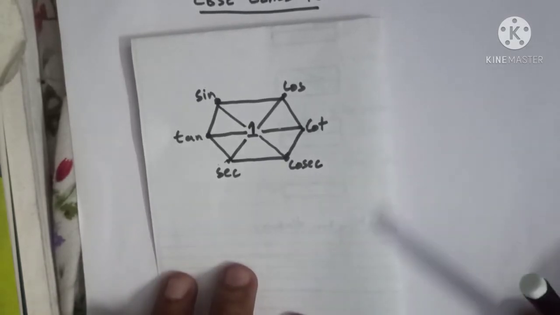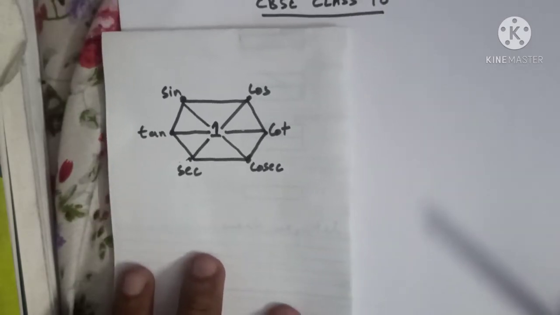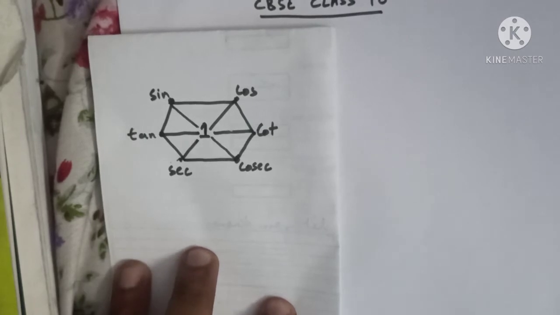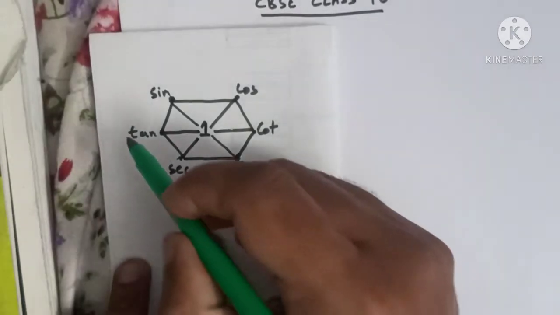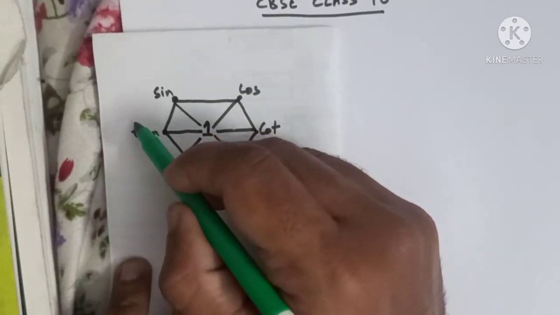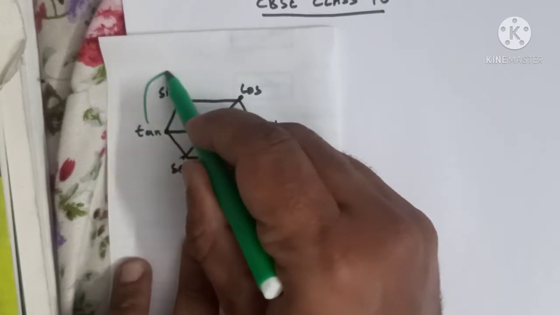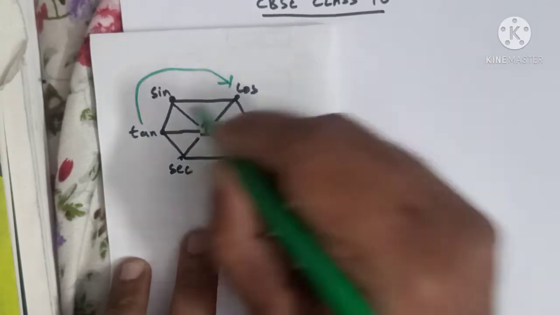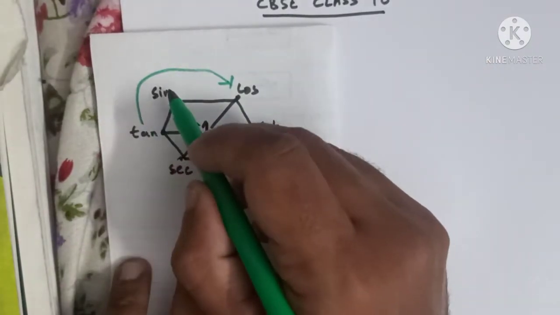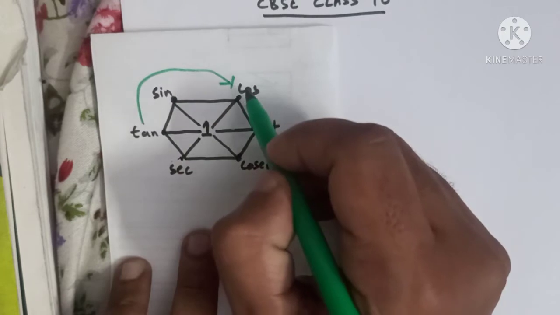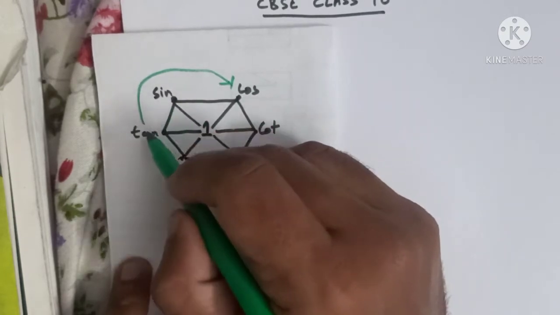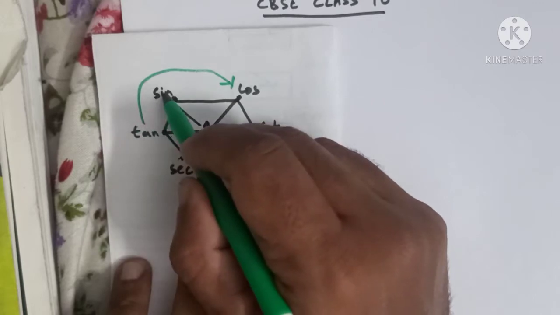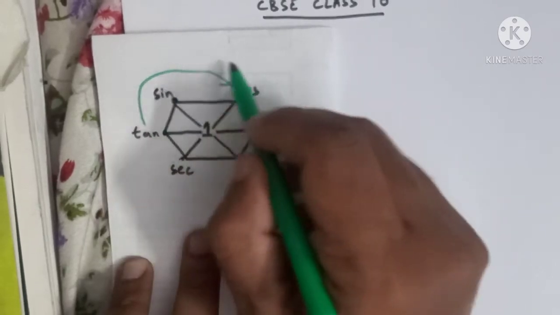The very first formula: this is tan, and if you are moving from tan to cos, then tan is equal to sine upon cos, when we are moving clockwise.